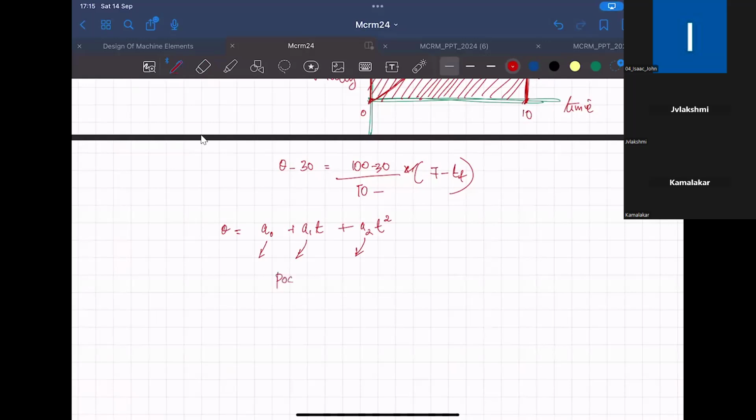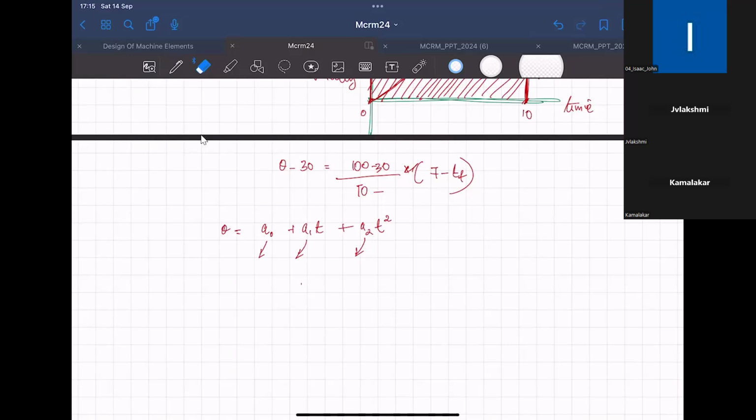You can have one equation for initial position, one condition for final position, maybe one constraint for initial velocity. You can only have three equations; you cannot have more than that. You cannot have all the initial and final positions and initial and final velocities as well, because that would require four equations or four boundary conditions.